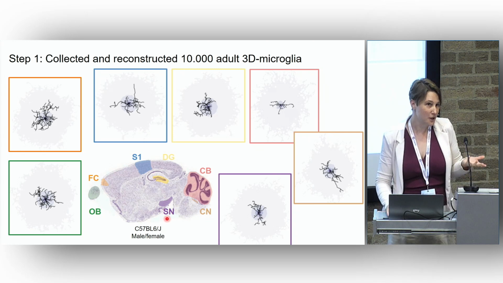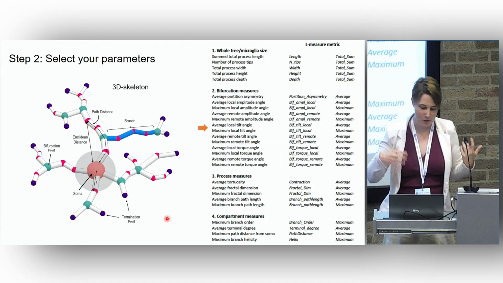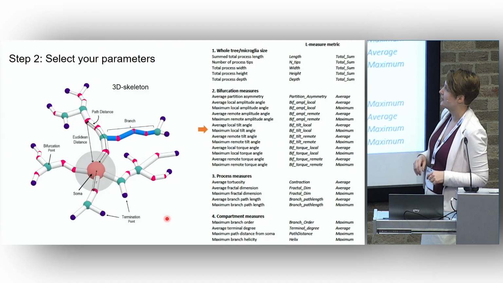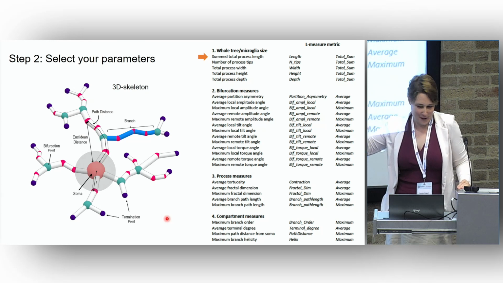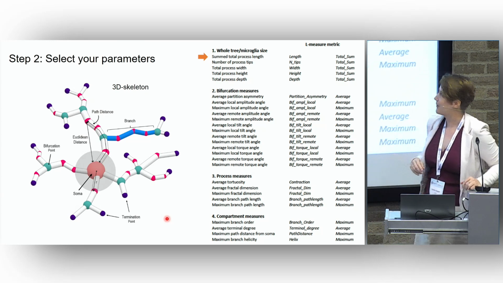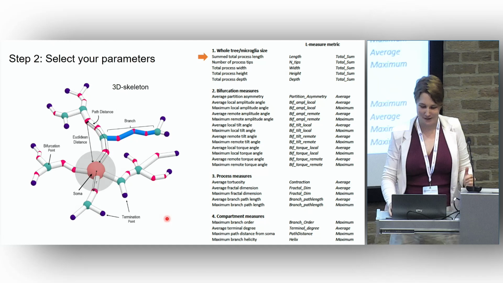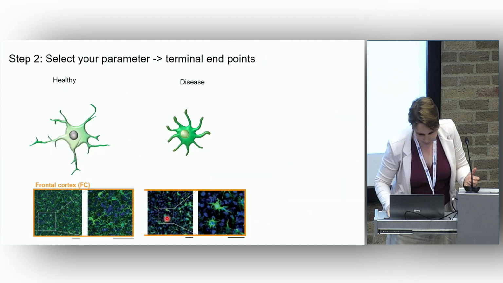As we would normally do for morphology, we generate a 3D skeleton, and then we have a list of different parameters which we can choose. One parameter which seemed very appealing is, for example, the terminal endpoints.